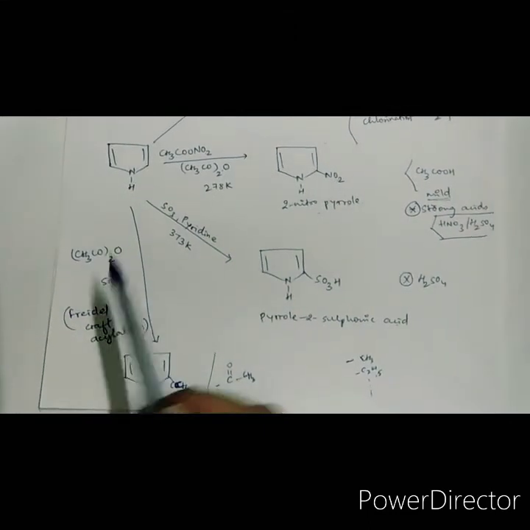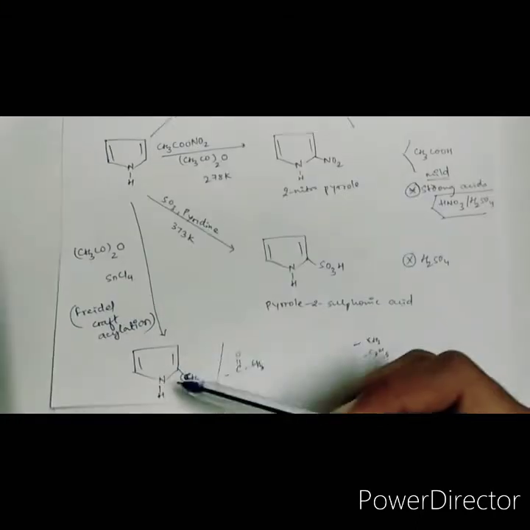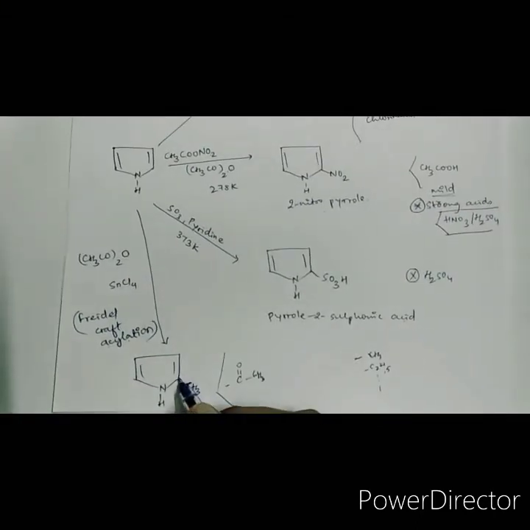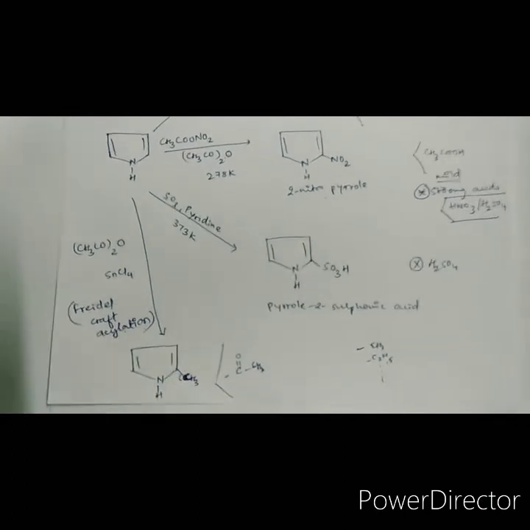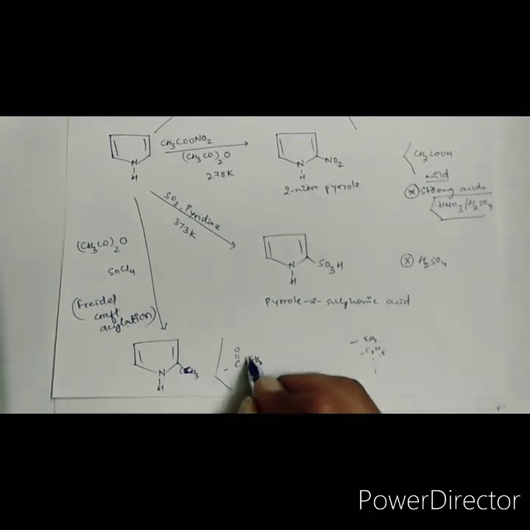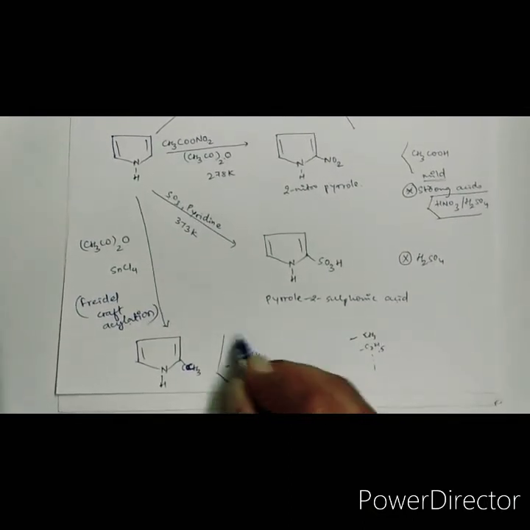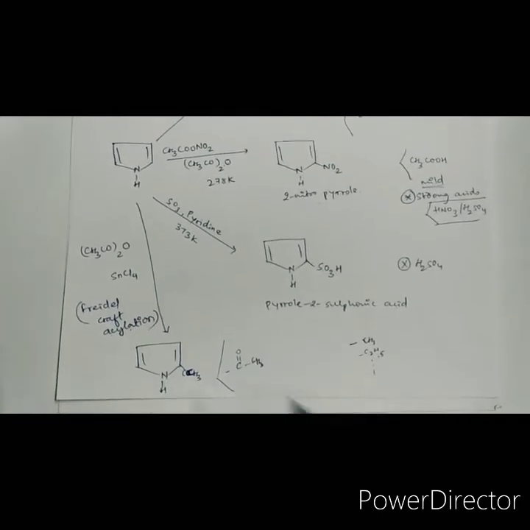The acyl group is attached at second position and the product obtained is 2-acyl pyrrole, or you can also write it as 2-acetyl pyrrole, because it is also acetyl group or acyl group.